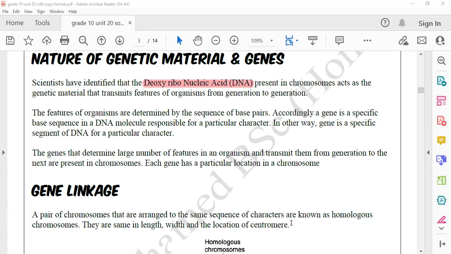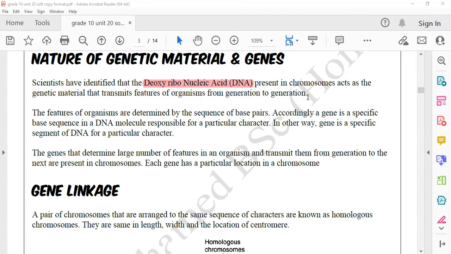So one chromosomal DNA carries many genes at once, and that nature is called linkage. Are you clear? Yes, sir.